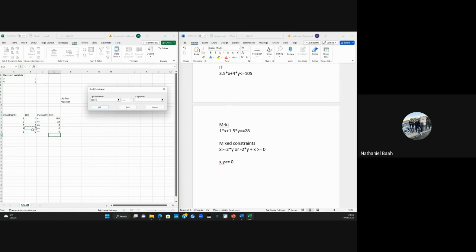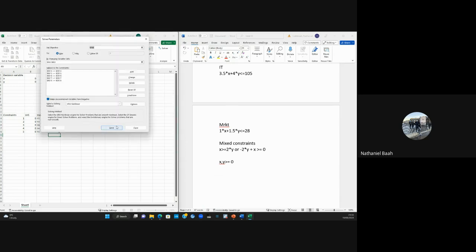Click on it. So the sign is wrong, so I choose greater than or equal to. Then that's 0. I add. Good. Then number 5. Yes. Good. The sign is wrong, greater than or equal to. That's 0. Then now I'm going to click on OK. So now I have all my objective functions.